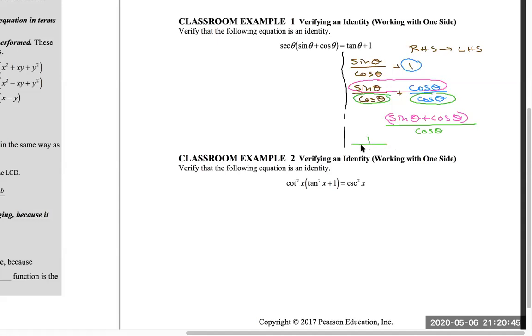And then in the next step, factor out 1 over cosine theta. So then in the front, that 1 over cosine theta turns into secant theta. And you still have the multiplication of the factors, sine theta plus cosine theta. Okay, right-hand side exactly matches left-hand side. So definitely think to yourself, which way worked easiest for you to understand? That's the way that you're going to want to try to stick with for these types of problems.